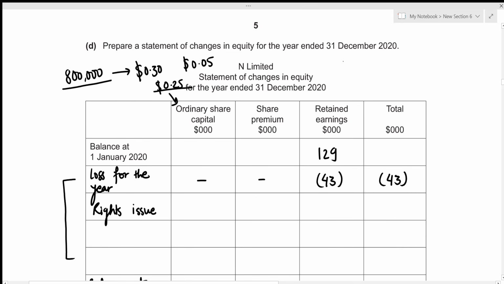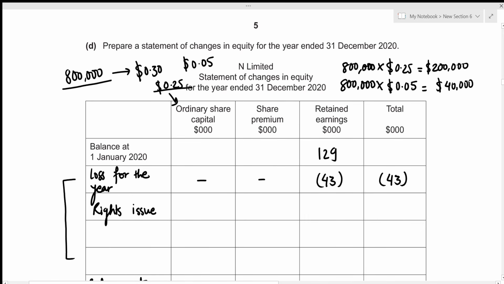So for the ordinary shares, that's going to be 800,000 into 0.25. So this gives the value for the ordinary shares to be 200,000. Then the remaining value would be 800,000 into 0.05. That goes to the section of the share premium with the total value of 40,000. Let's write that down. So rights issue will have 200, share premium will have 40, which results in the total rights issue to have the value of 240,000.